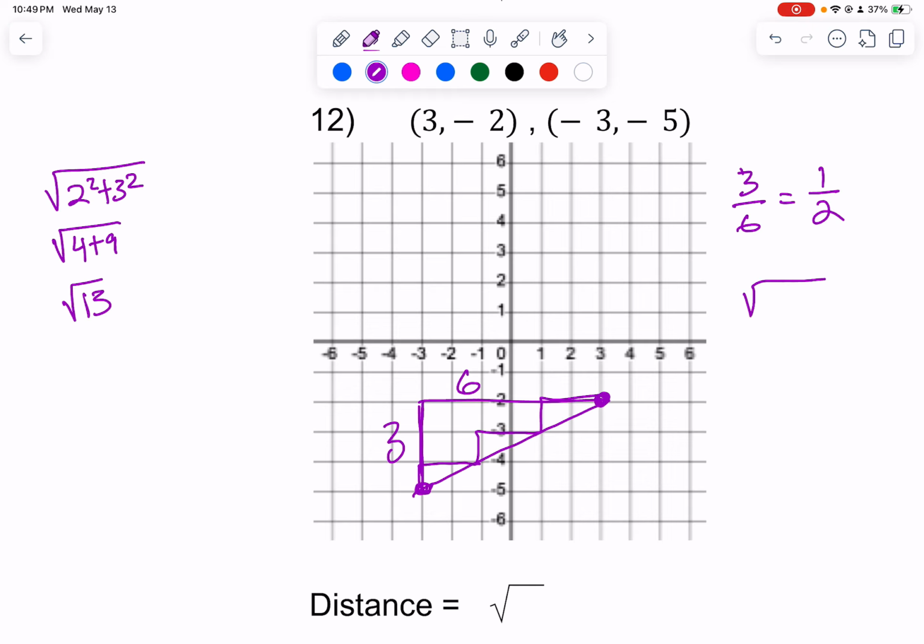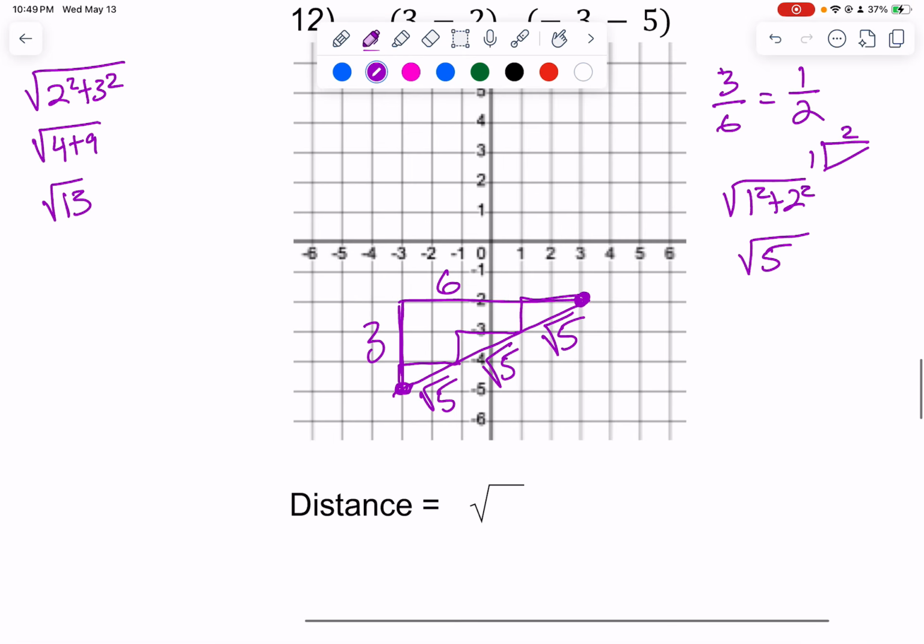And I believe we've done this one before. 1 squared plus 2 squared, for this 1/2 slope, is going to have a distance of square root of 5. And we have it 3 times. So that'll give me 3 times the square root of 5.